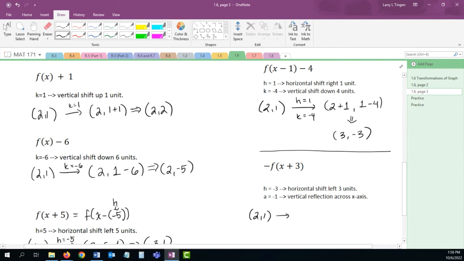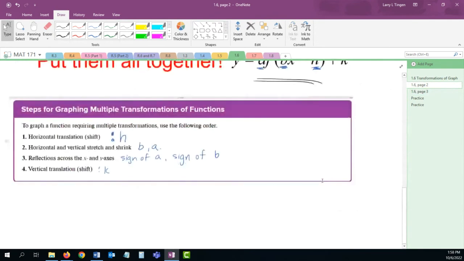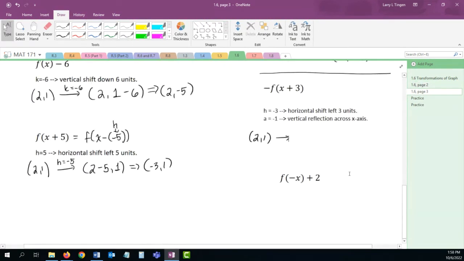So the first thing I'm going to do is the horizontal shift, because that's what the order of operations said to do. Let's make sure we get that right. Horizontal shift, vertical stretch, then reflections. So we're going to deal with this one in 2 steps. First thing I'm going to do is say H is -3, which means I'm now at the point -3, which is the point -1, 1.